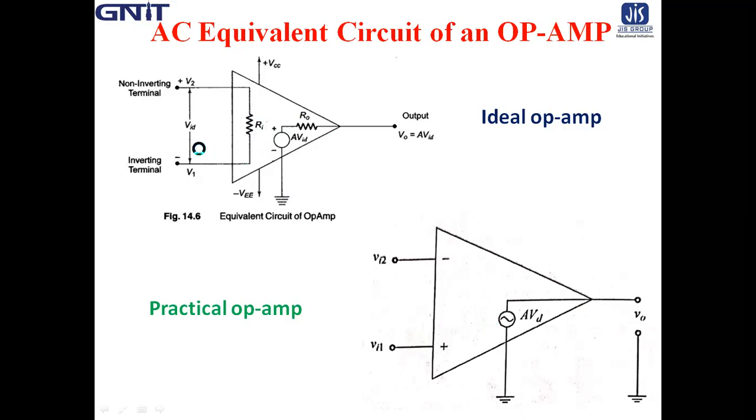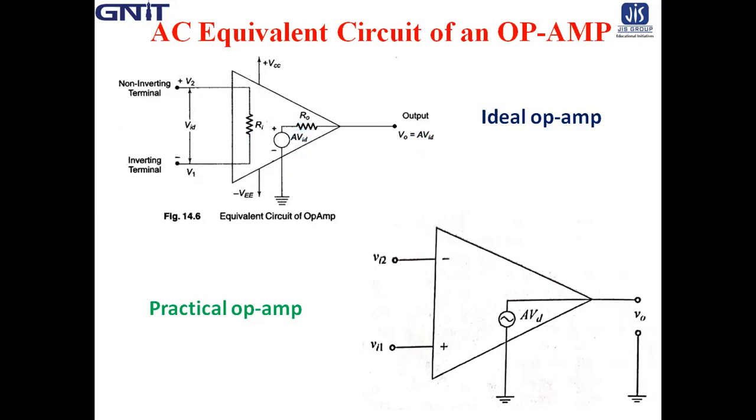and the value of input resistance is very high, and the output voltage is obtained by multiplying the amplifier gain A by the difference input signal Vd, which is equal to Vid, which is equal to V1 minus V2, and which is taken through the resistance R0, which is typically very low.